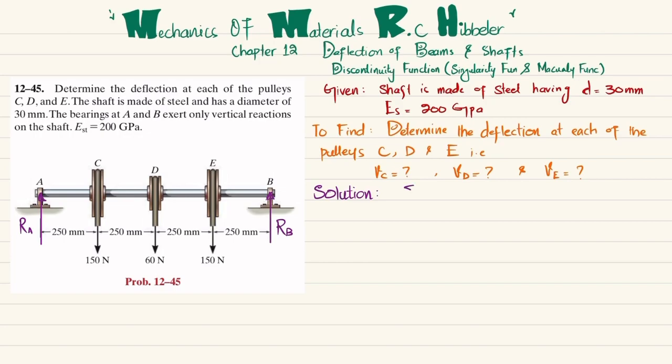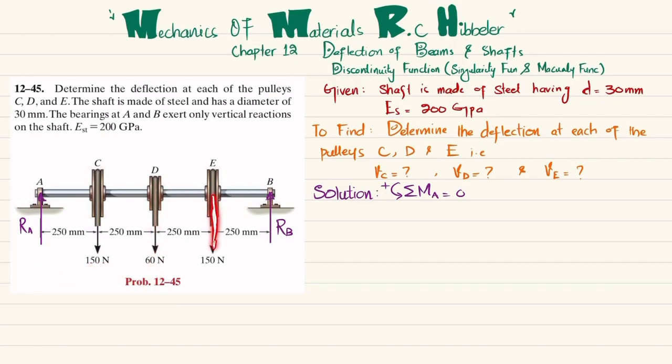The first equation of equilibrium is that the sum of all moments about point A is equal to 0, taking the counterclockwise moment as positive. About point A, one moment is due to the 150 load into the perpendicular distance, which is 250 millimeter, so in meter it is 0.250 meter, and this is clockwise, so it will be negative. The second moment is 60 into the perpendicular distance, which is now 500 millimeter, or 0.5 meter, and this is also clockwise, so it will be negative.